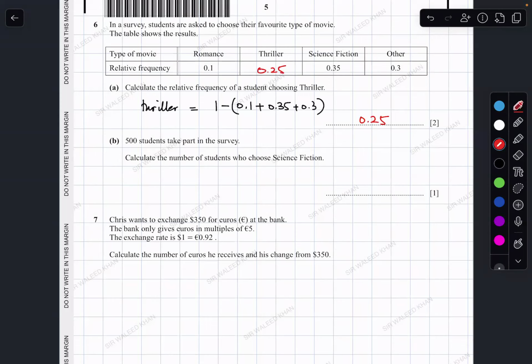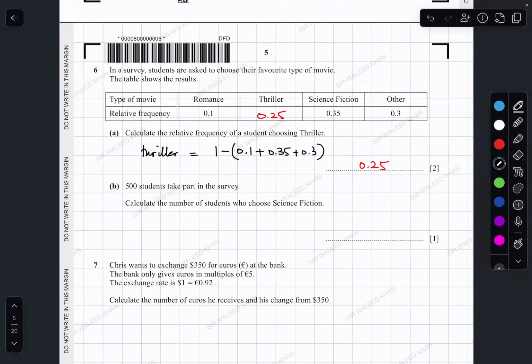Okay. Next, we have Chris. 500 students take part in a survey. Calculate the number of students who choose science fiction. So whenever you have to figure out the number of, you relate it to probability. It's the same thing. Relative frequency and probability.